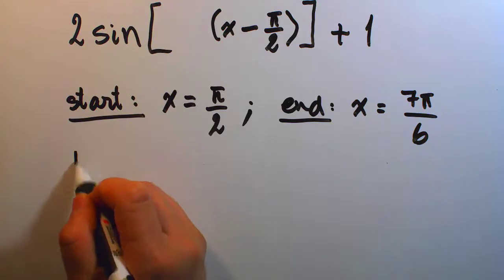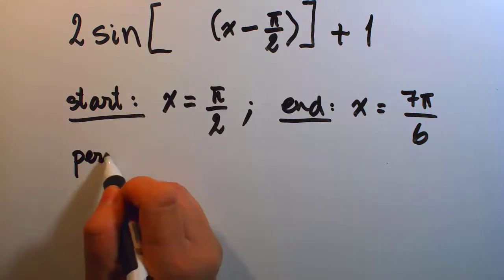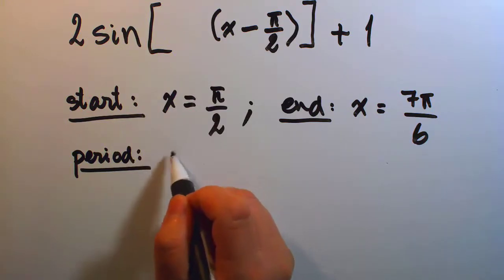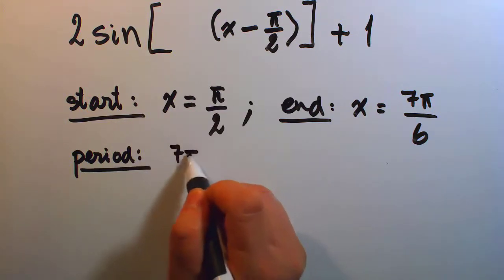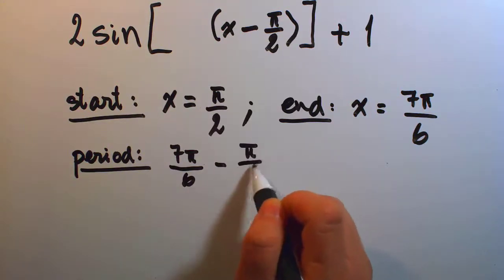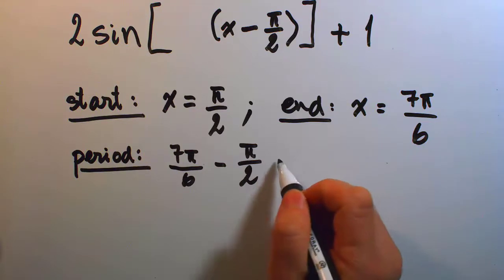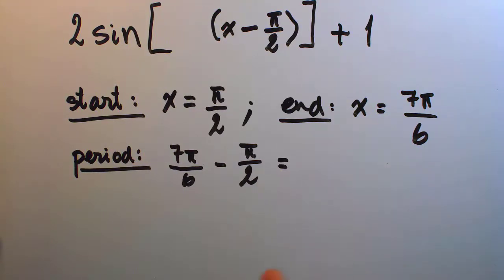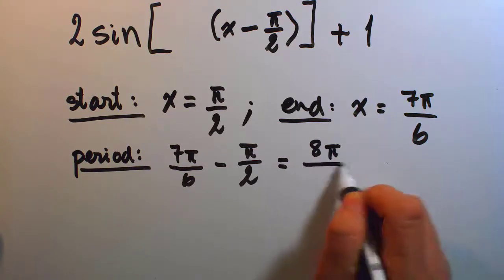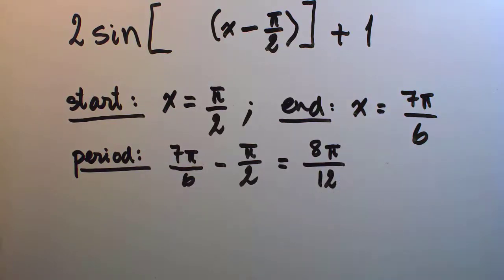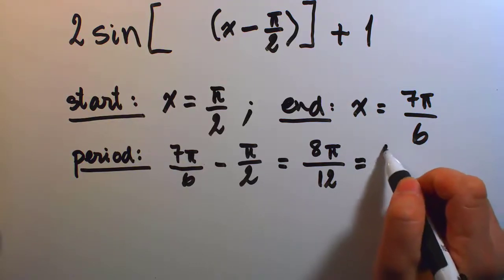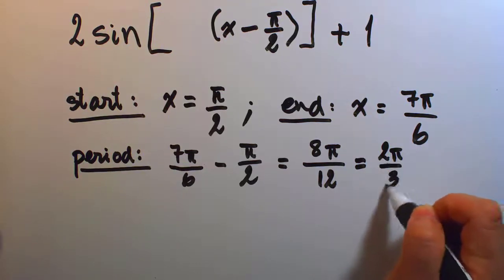Then we are going to identify the period once again as 7 pi over 6 minus the start at positive pi over 2, and we have an entire interval length of 8 pi over 12 again, and that in turn reduces down to 2 pi over 3.